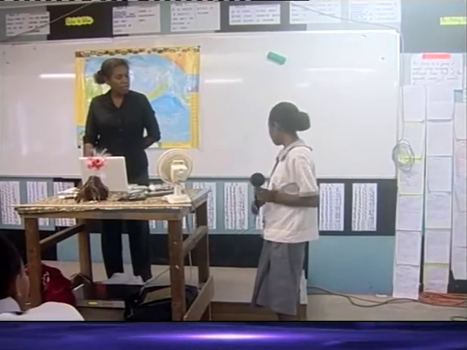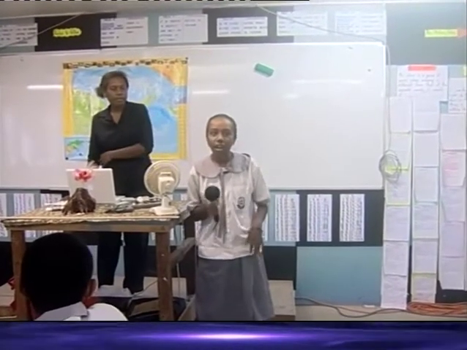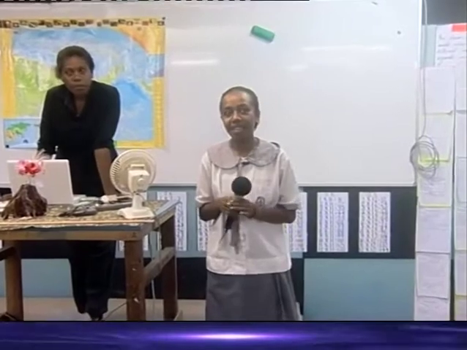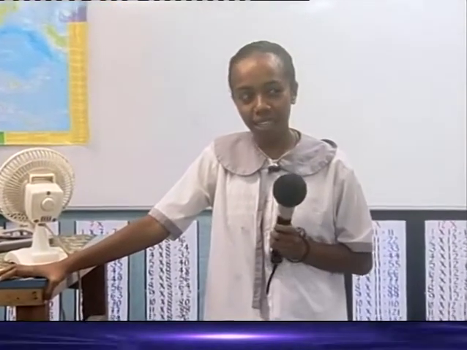You can go 7 ones are 7, 7 twos are 14, 7 threes are 21. 7, 14, 21, 28, 35, 42, 49, 56, 63, 70, 77, 84. Okay, thank you, Imon.